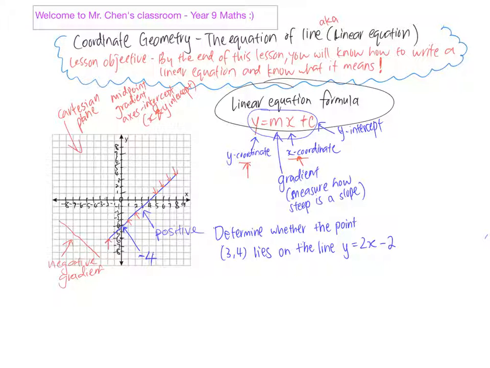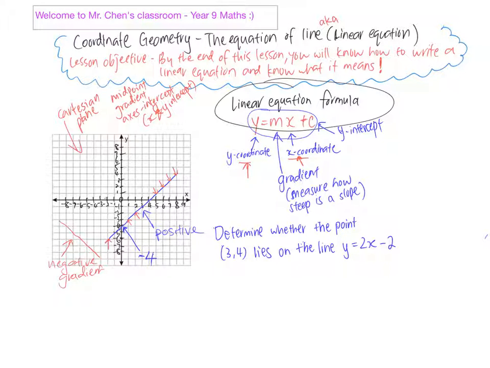If you remember correctly, like I said before, if the line y equal to 2x minus 2 is correct, the line passes through the point 3 and 4.